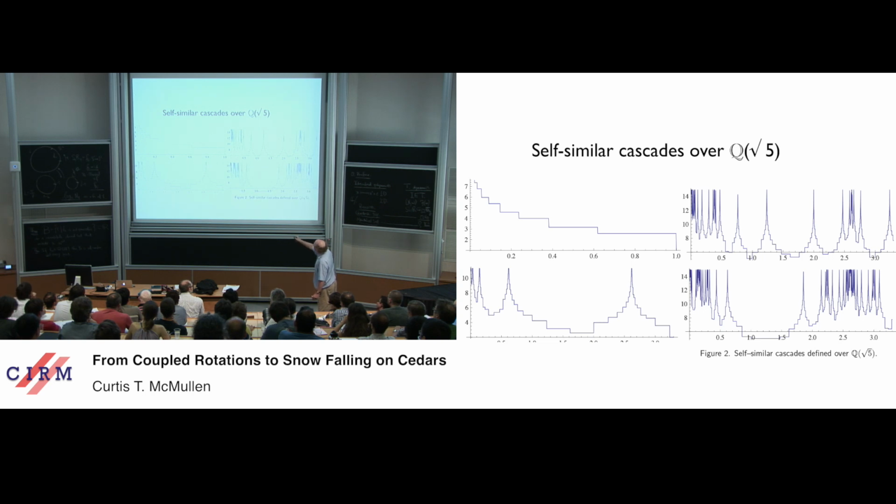This thing actually goes up and becomes arbitrarily high, and you see a copy of it here, and then another copy here, and these spikes are occurring along exactly a geometric sequence.